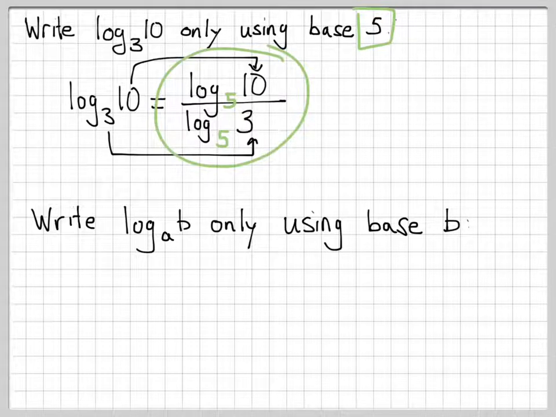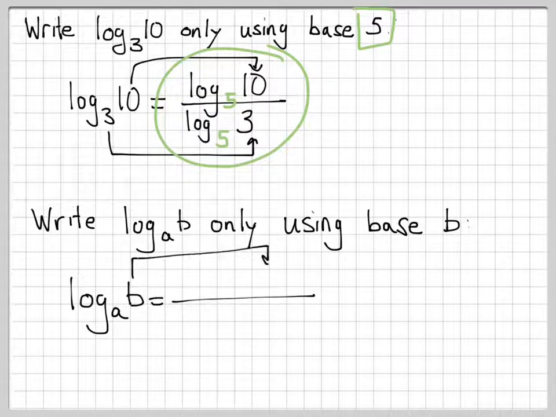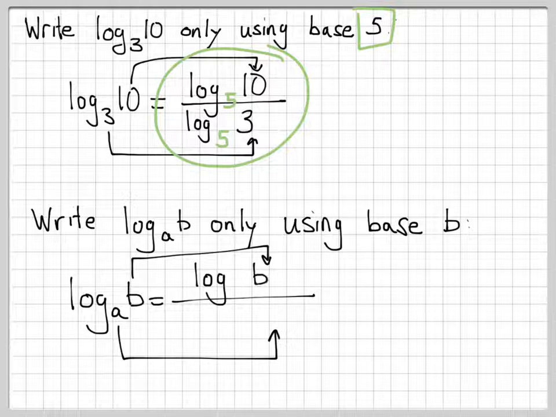Write log base a of b only using base b. So let's do this. This is a little more esoteric because it's all in variables, but remember, just rewrite the b on top and the a on the bottom. Just like that.